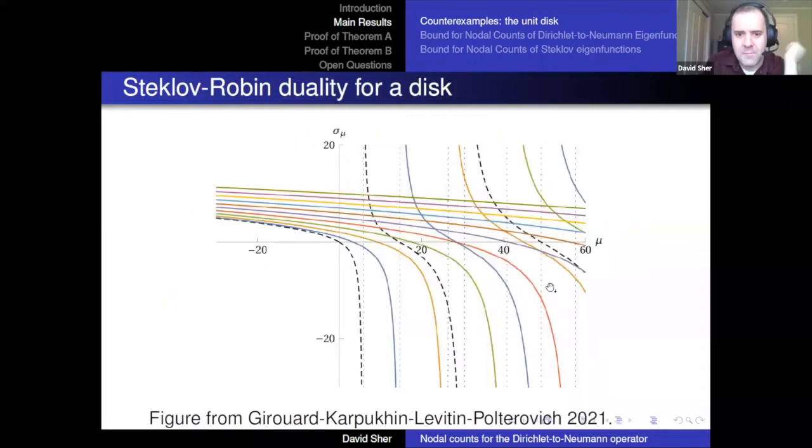So if I pick lambda, say, to equal 22, then what's the ground state of the Steklov problem? It's going to be that gold line. And that gold line has 4 nodal domains. So the ground state is one of the higher order eigenfunctions in the angular variable, and therefore you're not just going to have a single nodal domain.